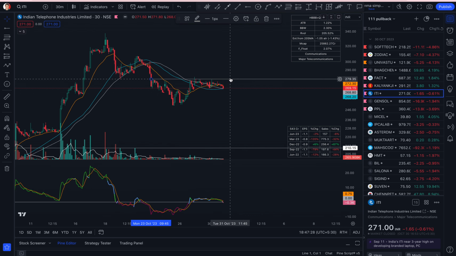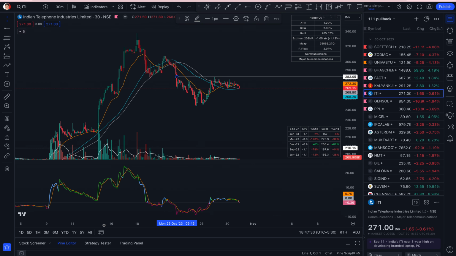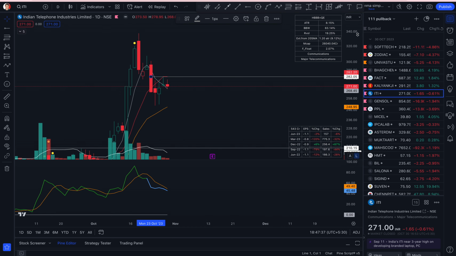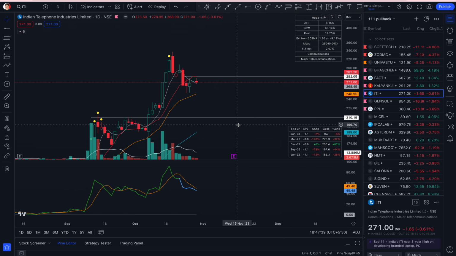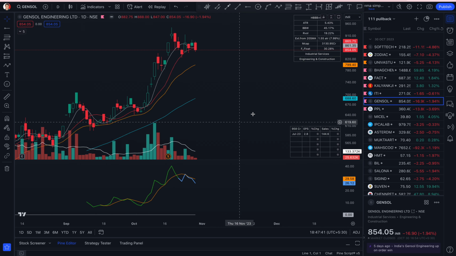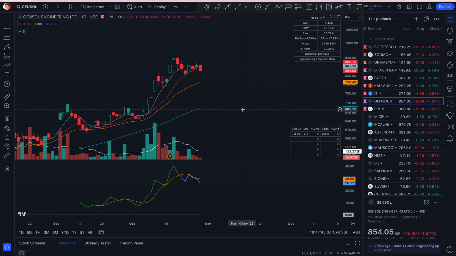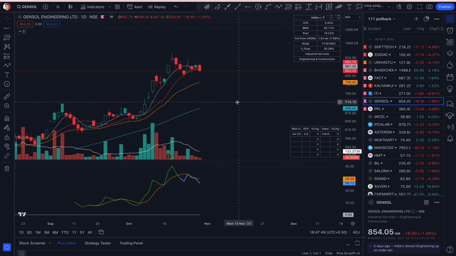Which is right now this pivot, and any breakout of 282 can be a very nice entry. And these would not be just pullbacks, but also classic flag breakout setups, right?